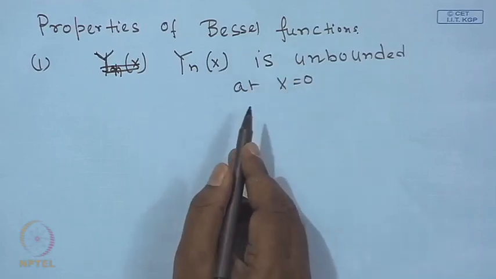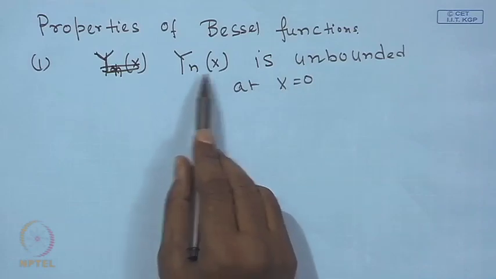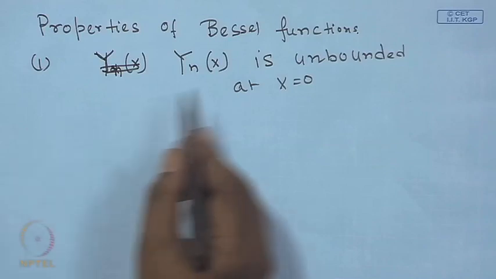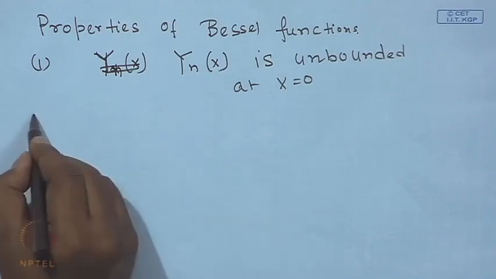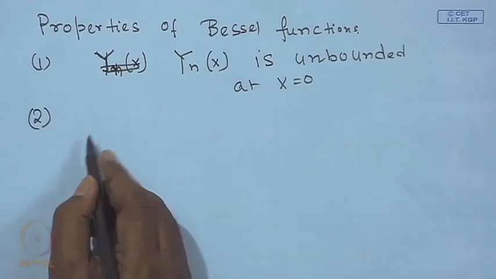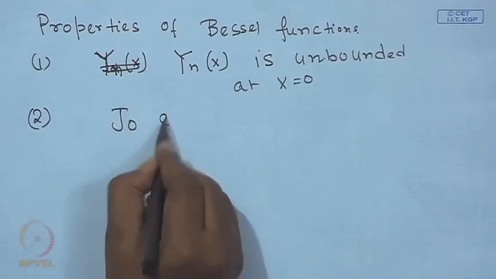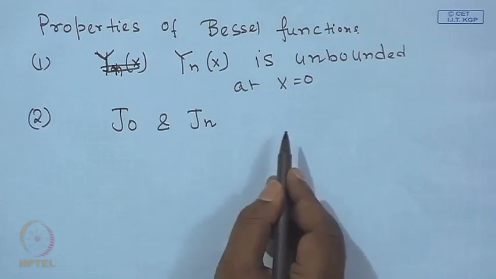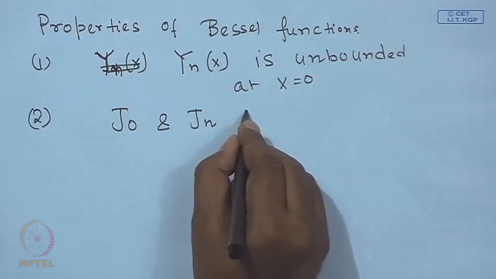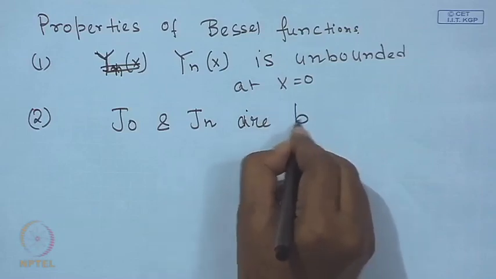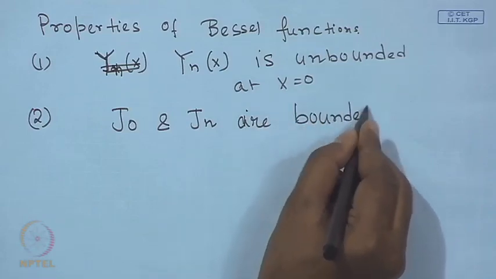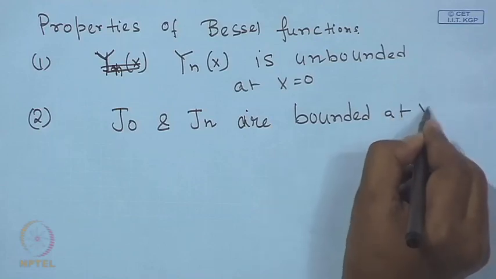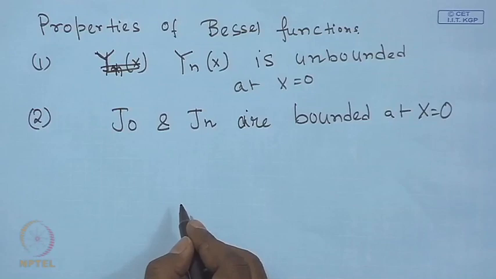That means, at x is equal to 0, y n x goes to infinity irrespective of any value of n. Second important is that j 0 and j n for any n equal to 0, 1, 2, 3 are bounded at x is equal to 0.